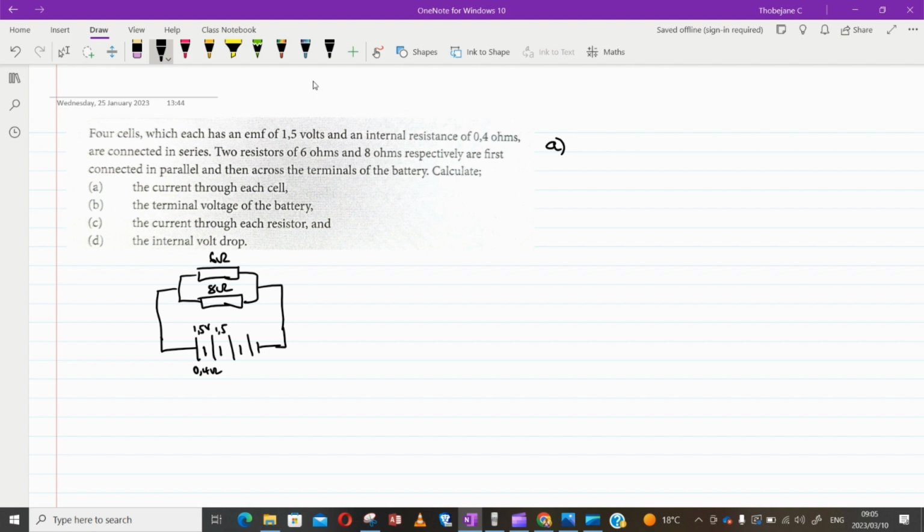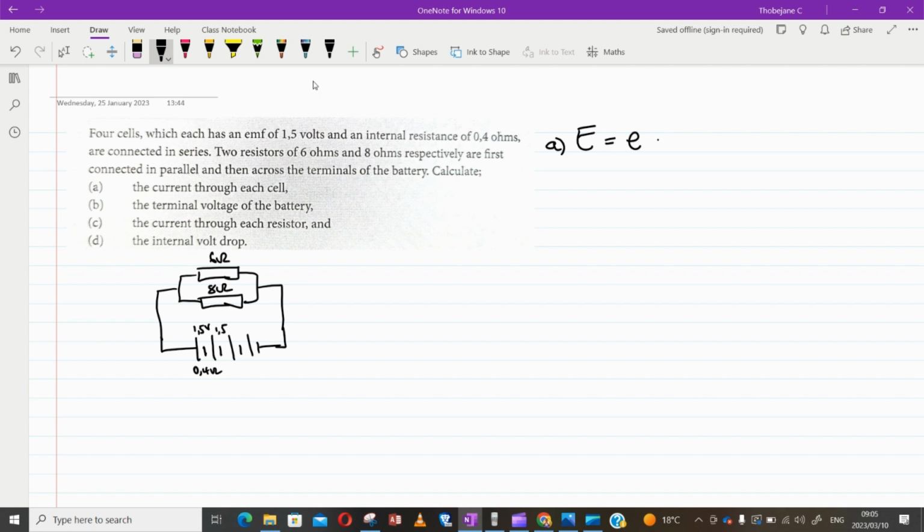Now, remember, we had the equation, which is EMF is equal to I into R plus r. But what is the first thing that we must calculate here in order for us to calculate the current through each cell? Firstly, let us calculate the total EMF.